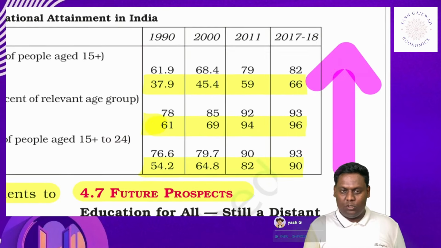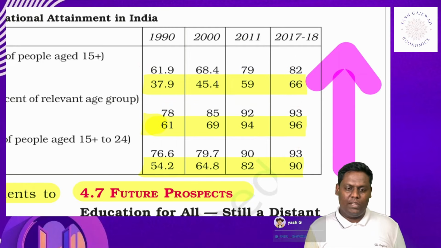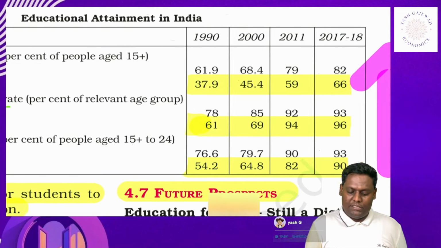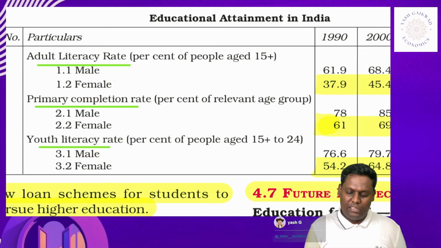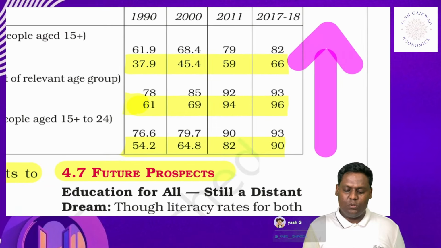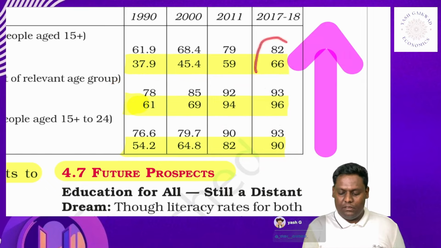But the interesting thing to note here is that though the rates for the male population were obviously going up, as society anyhow favors educating the male child over the female child, this has been the result of conscious effort, that in the case of female education, these numbers have also grown substantially, to a point where the difference between male and female education has very much narrowed.